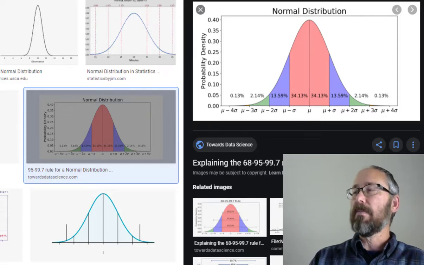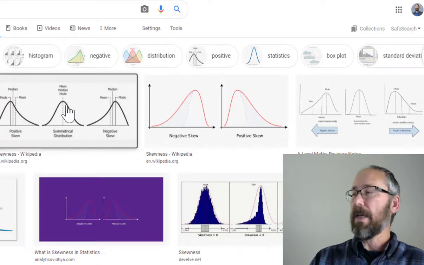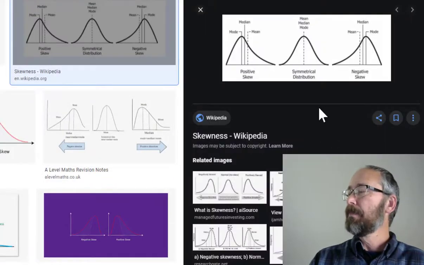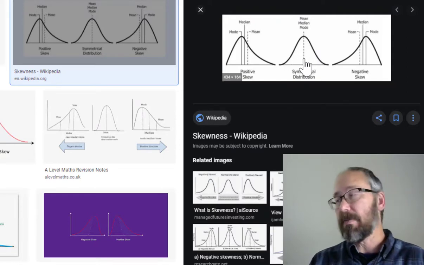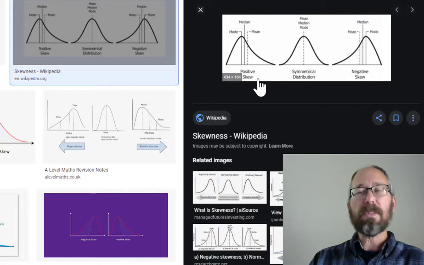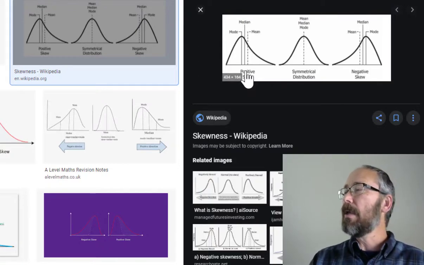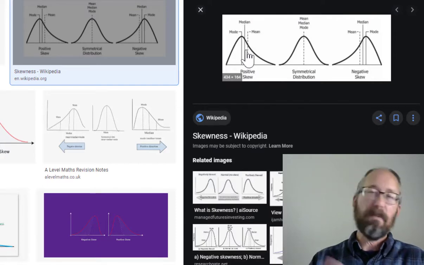Well, I've done the same search, but this time for skewness. And again, picking one of these that is helpful. Here's the normal distribution, and there's our mean, right? So if you divide it in half, it flips over on itself. It's a mirror image. But if we have a positive skewness, that means the right-hand tail is longer. And you can see this, that with our mean right here, we can't fold it over, right?